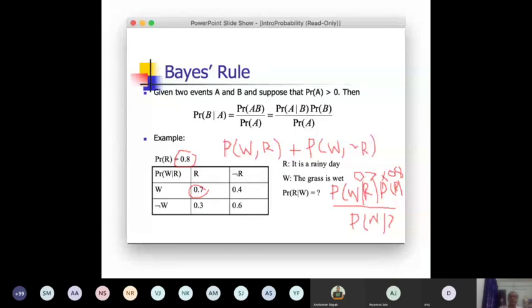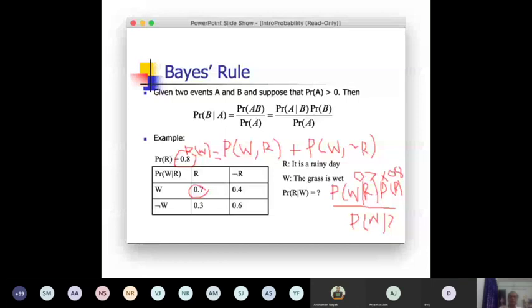Is it clear? These are the two possibilities in this particular case, that either it rains or it does not rain. Then find the probabilities, and then you can add them.